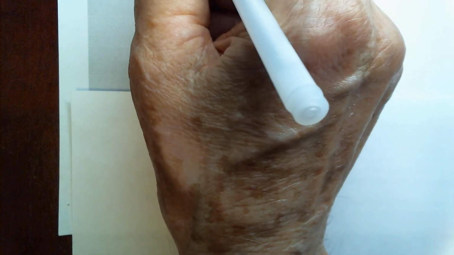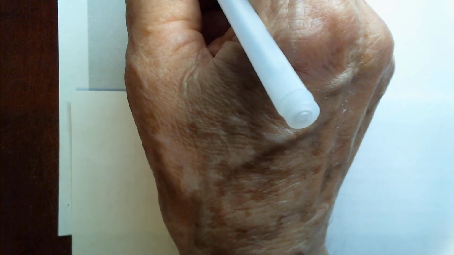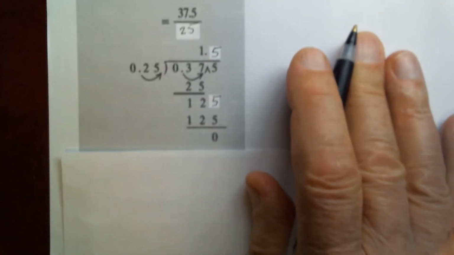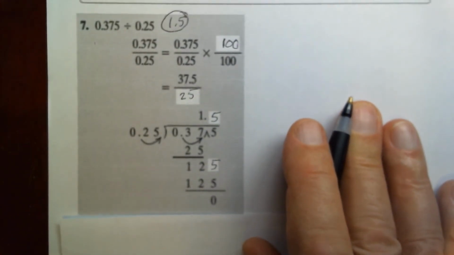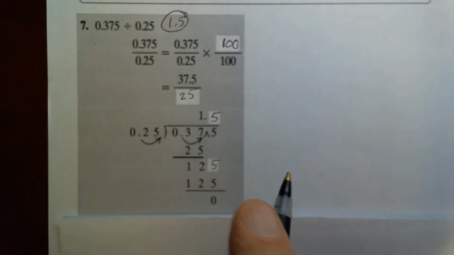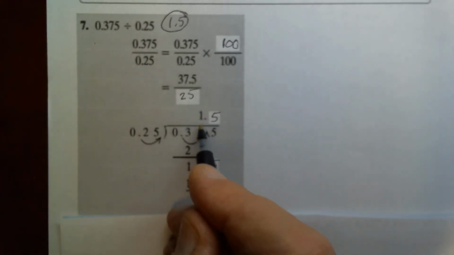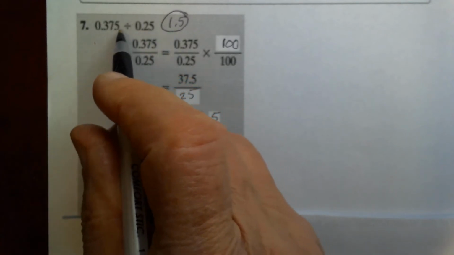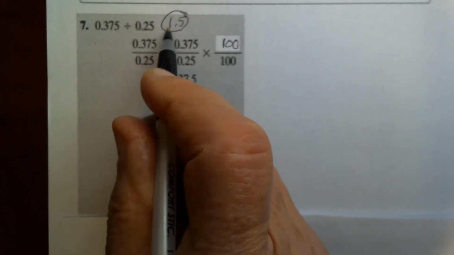So this quotient is 1.5. So what's on this line here is the quotient that would appear. So the result of this is equal to 1.5.